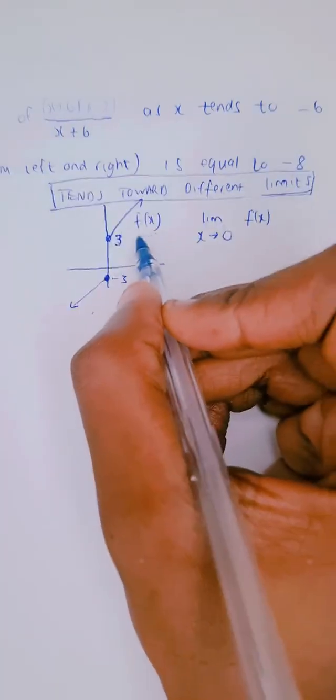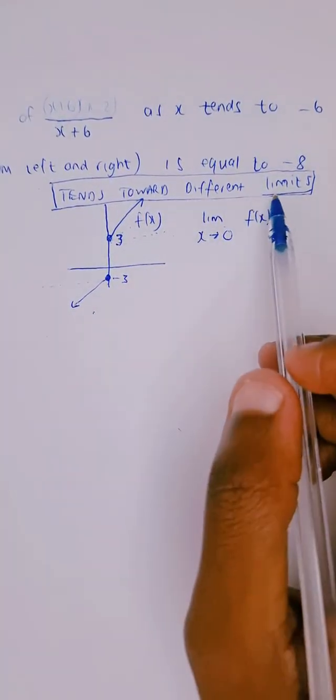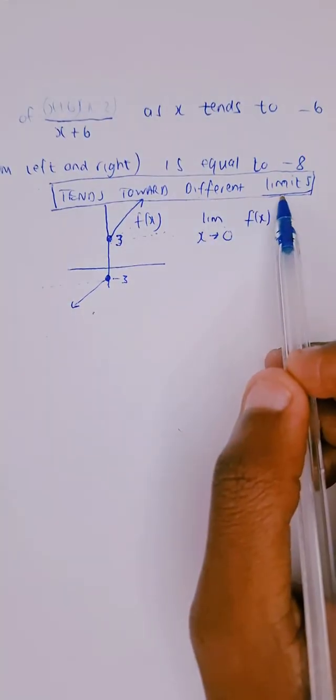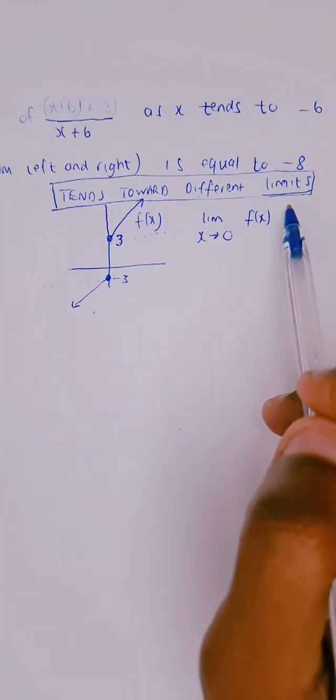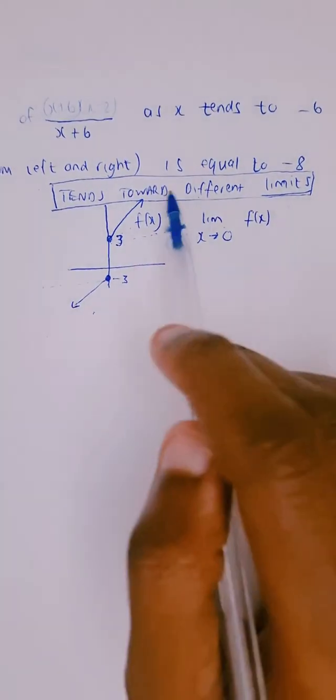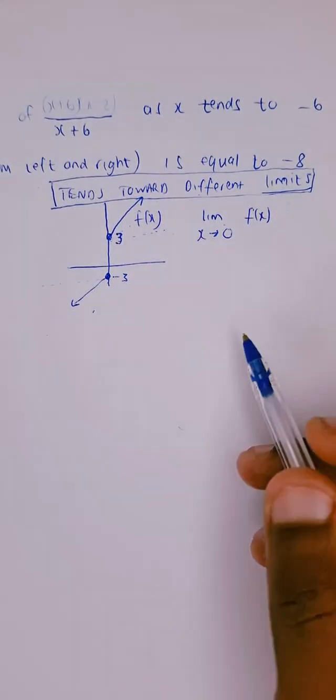As we approach 0 from the left, we get -3. So what does that then mean? It means we have different limits. Unlike the previous example, where approaching a certain value of x from the left and the right, we got the same value.